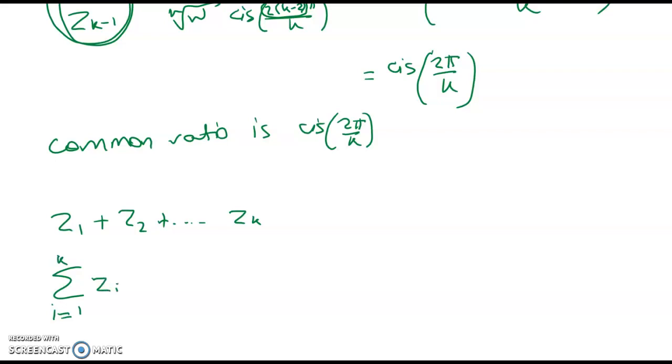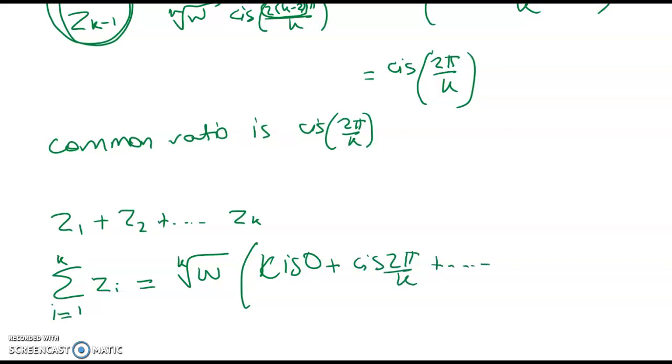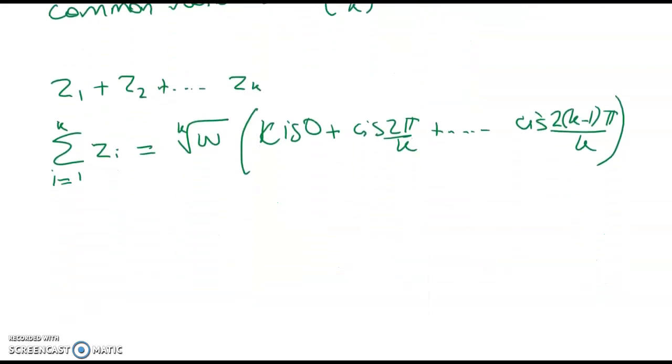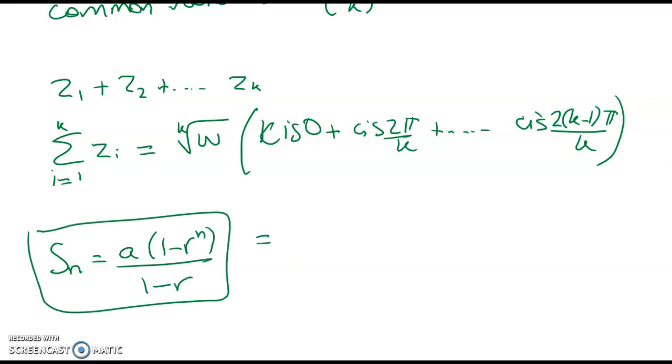The sum from the first up to the kth term will be, well, I can take out the kth root of w here, and then I'm going to have 1, and 1 is cis 0, so cis 0 plus cis 2 pi on k, and so on, up to cis of 2 k minus 1 pi on k. But my formula for n terms, the sum of n terms, is this. So we'll just park that.